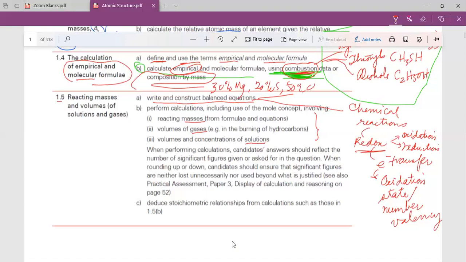Now for peroxides, just to show you, hydrogen peroxide. Peroxide is H2O2. So it's oxygen with dots and crosses here, and the cross here for hydrogen.